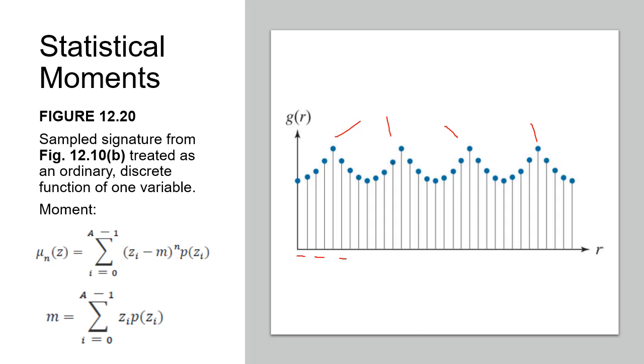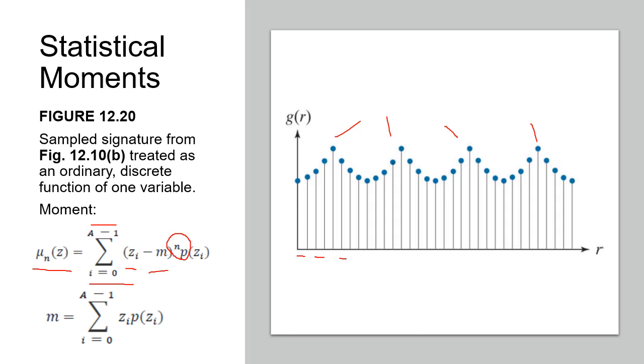So, for example, we could use moment order 1, moment order 2, moment order 3, which is only 3 numbers. Okay. Now, the formula for the moment is written here. The central moment of z is the summation from 0 to A minus 1, which is the number of samples, of (zi, which is the height, minus the mean) to the power n.